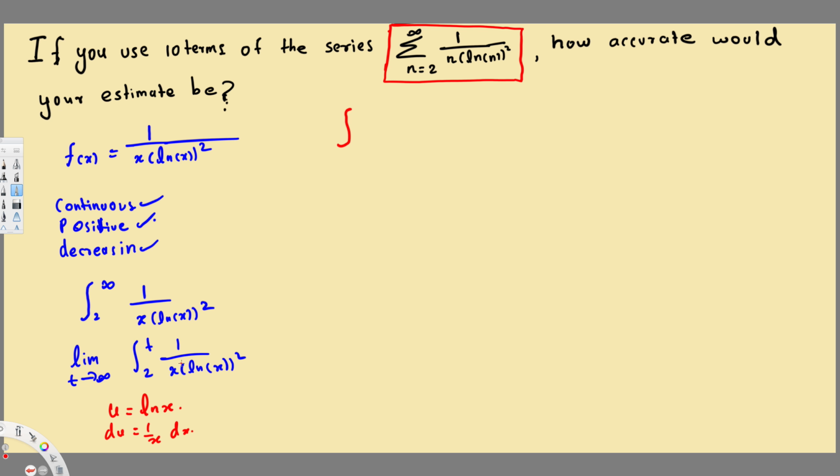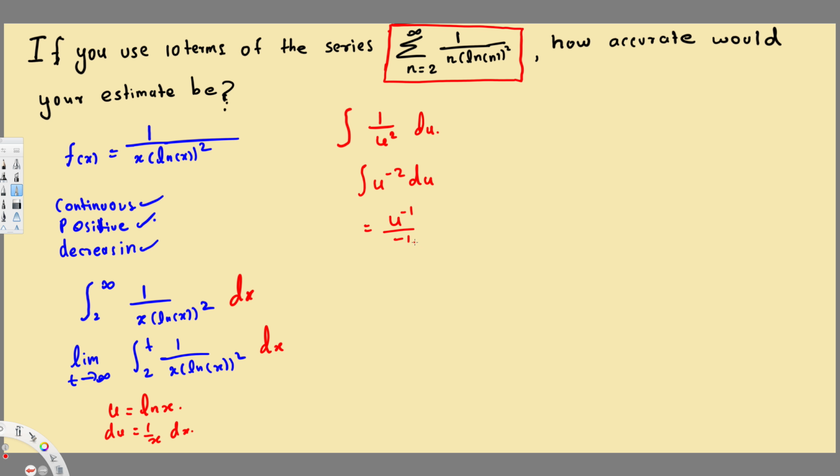Here 1 over x dx is going to be du, and (ln x) squared can be written as u squared, so we have 1 over u squared, which is the same as the integral of u to the power minus 2 du. Now all we have to do is add 1 to the power and divide by that power. So if we integrate this, it is u to the power minus 1 divided by minus 1.